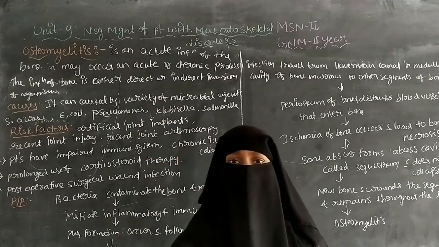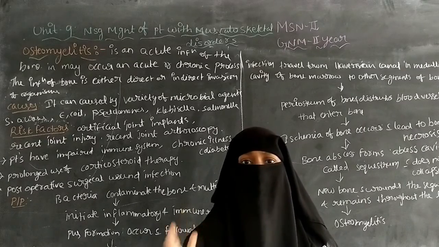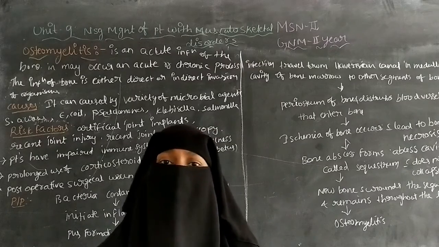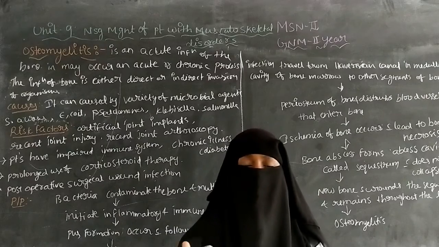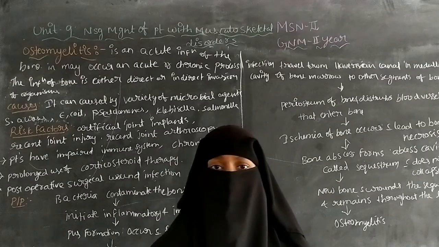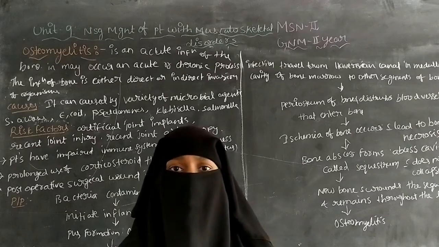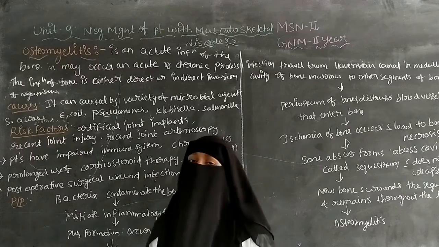The surrounding tissues of the bone can also have pus formation. This is called osteomyelitis.